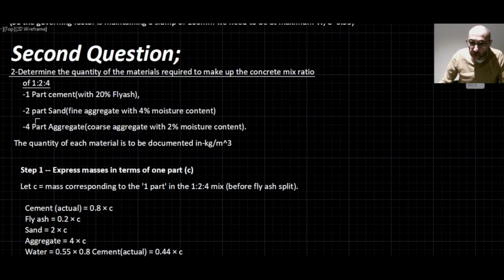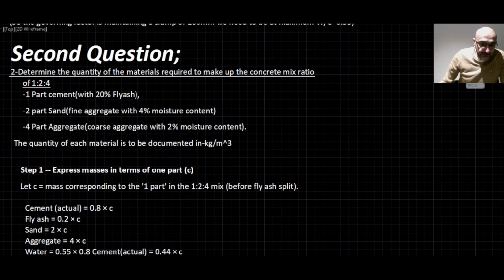And then we'll have 2 parts sand, that's the fine aggregate with 4% moisture, and 4 parts aggregates, okay? And again, that's the coarse aggregate with 2% moisture. The quantity of the material is to be documented as kilogram per meter cube, and that's generally the density.